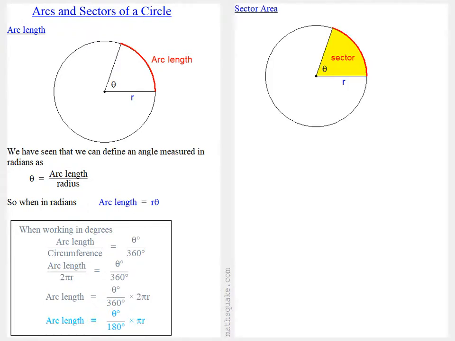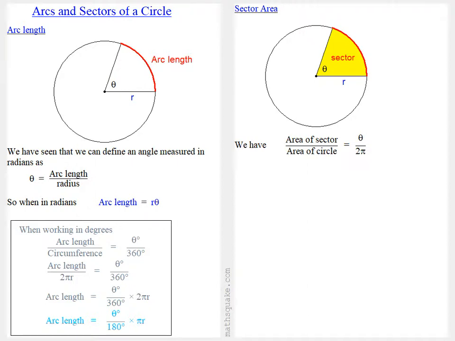Now we also might be interested in the area of the sector enclosed in the angle. Now we've got that the area of the sector is also a fraction of the circle, so the area of the sector over the area of the circle is equal to the fraction of the angle compared to the full circle.